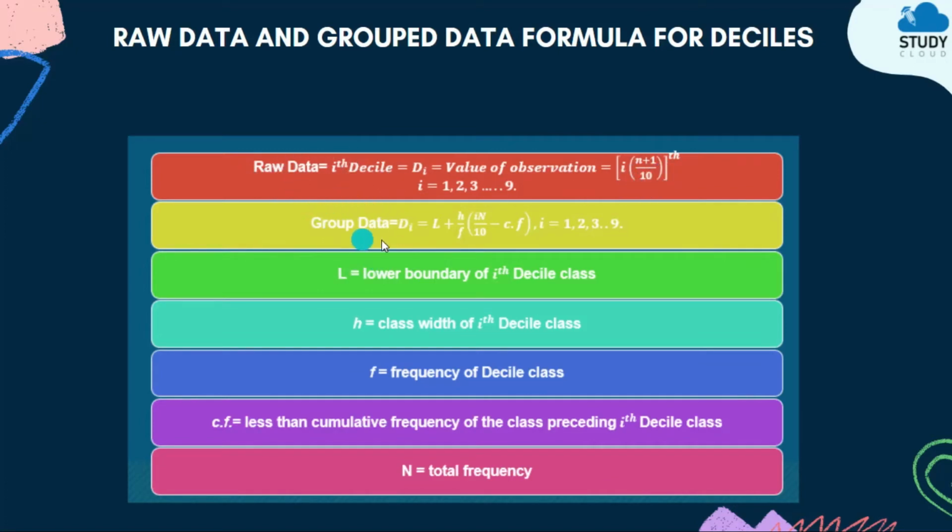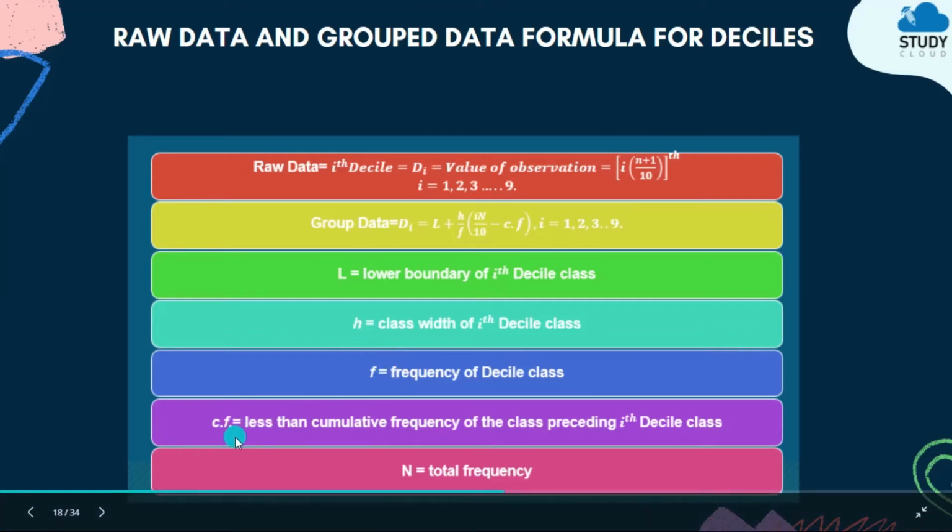For grouped data, the same formula: L + (h/f)(i·n/10 − CF). i will begin from 1 and go until 9. Here L is the lower boundary of the decile class, h is the width, f is the frequency, CF is the CF of the previous class, and N is the total frequency.